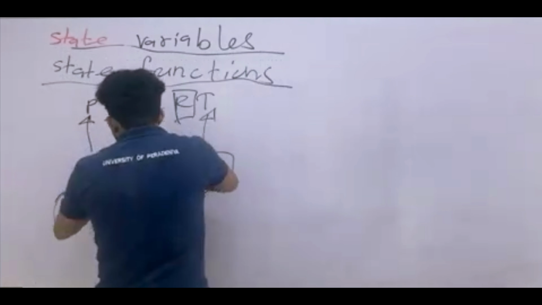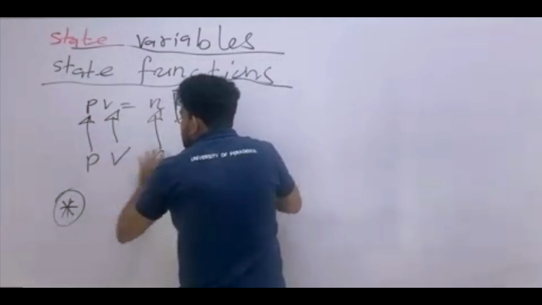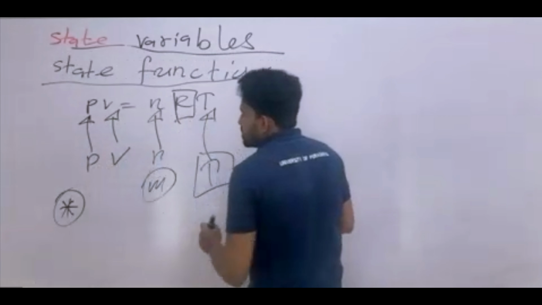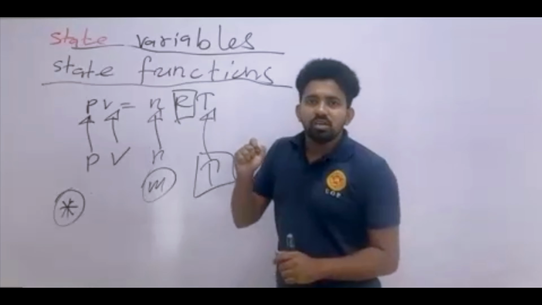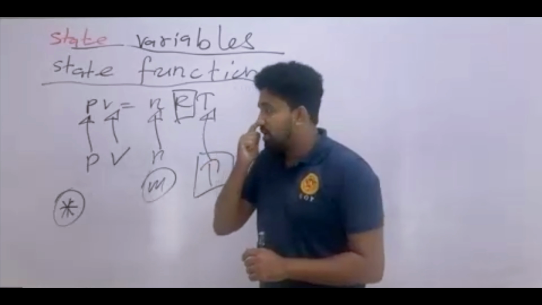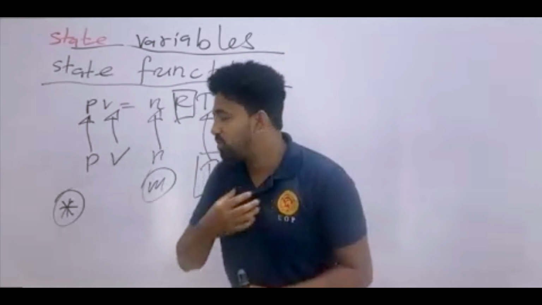State functions. Now you know a few state functions, the things that we use to describe the system, and there is a very important thing regarding state functions that we need to know.